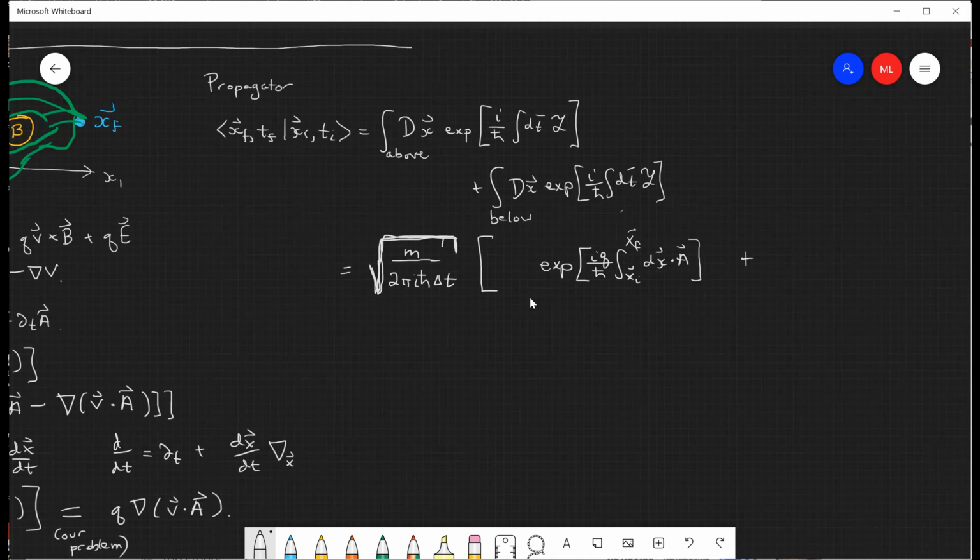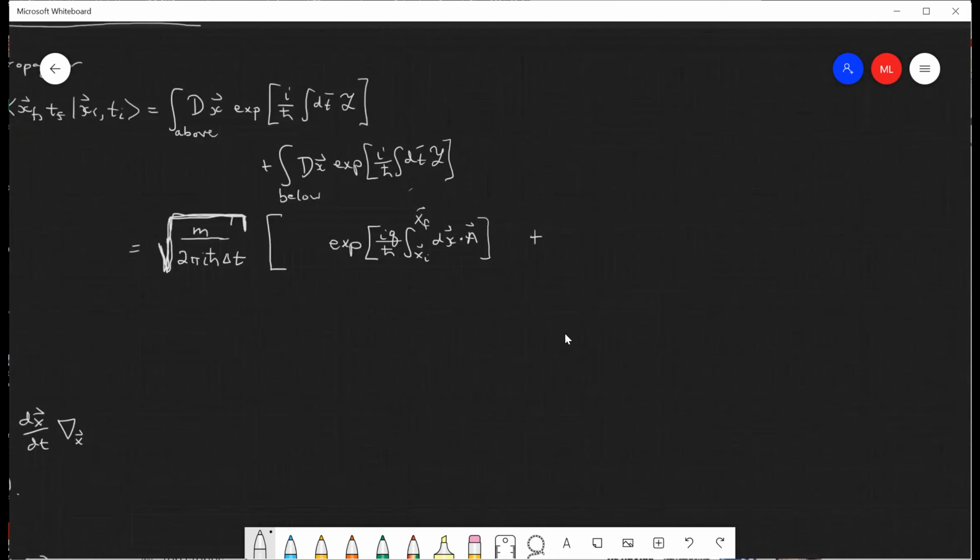And then there's going to be a contribution for the paths that go below the cylinder. But it also has the same form, that it's just iQ over h bar, integral from xi to xf of dx dot A.